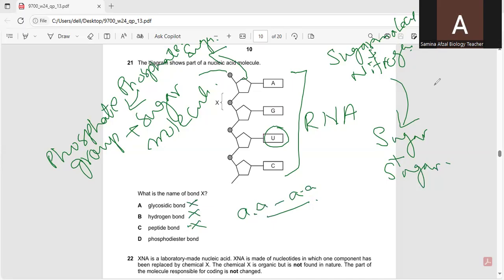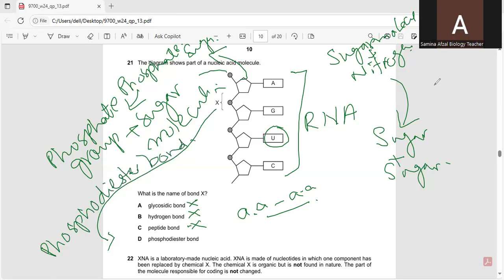The phosphodiester bonds are formed between the phosphate molecule and the 5 carbon of one sugar molecule and the 3 carbon of another sugar molecule. So according to this, you can see this molecule is the phosphodiester bond. So D is the correct option.